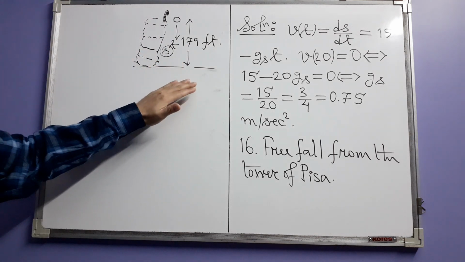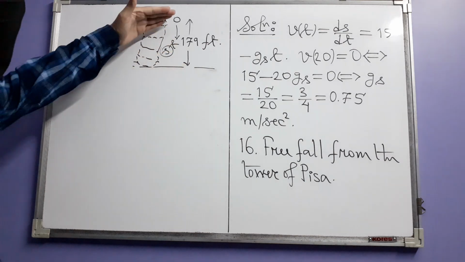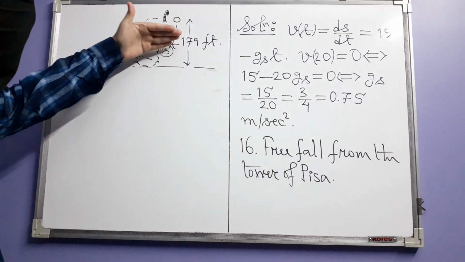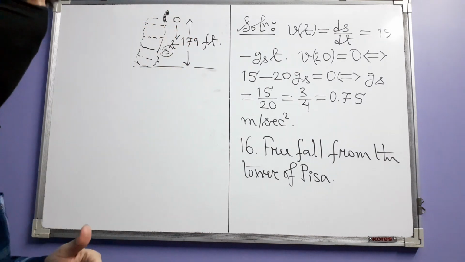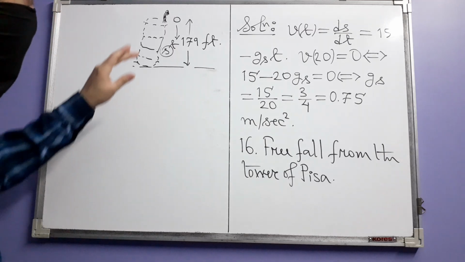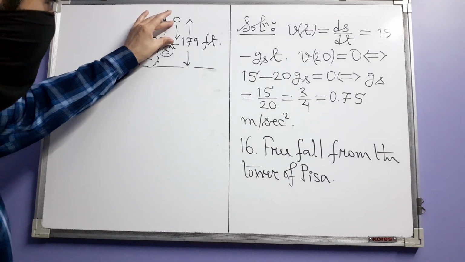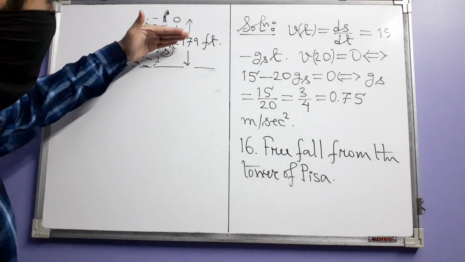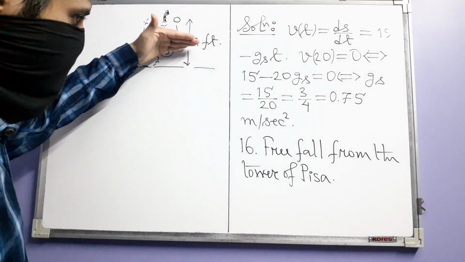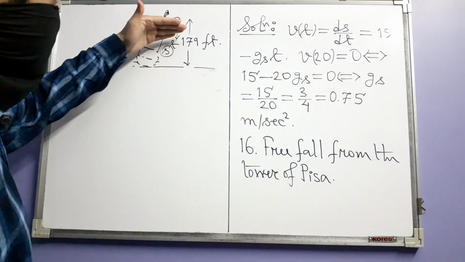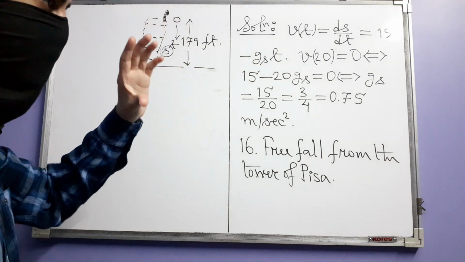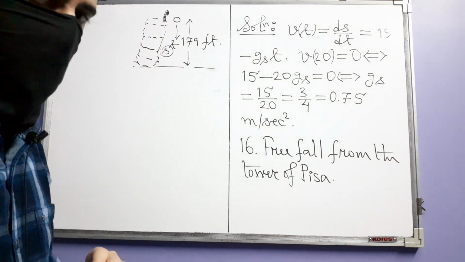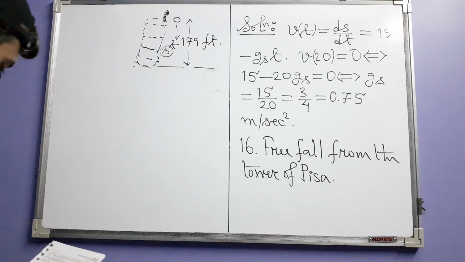Yeah, the diagram is a little messy admittedly, but you get the point that after t seconds it reaches this height. Here we are not talking about how far the cannonball fell from Galileo, but we are talking about the height of the cannonball above ground. So as more and more time passes, the height will decrease, and it's given.